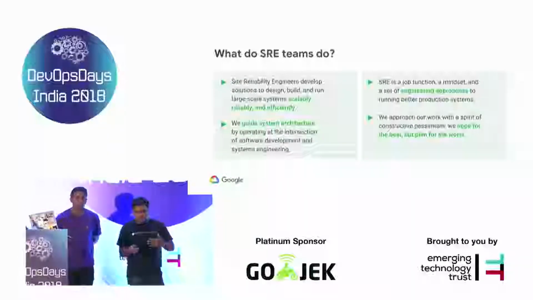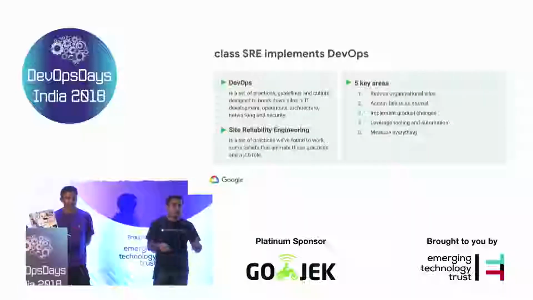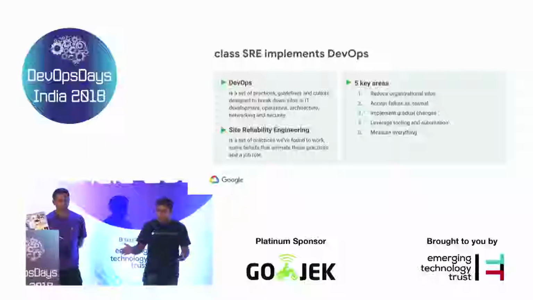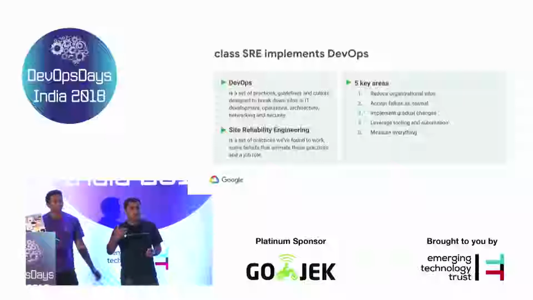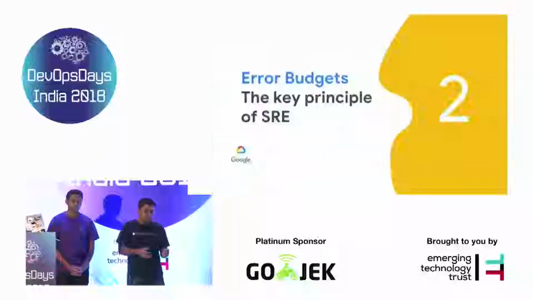So if DevOps is basically a set of practices and guidelines, SRE is an implementation of those principles and guidelines in a particular job role. And again, the key areas of focus for SRE remain the same. So during this talk, you will see how these 5 key areas are being implemented from an SRE perspective.